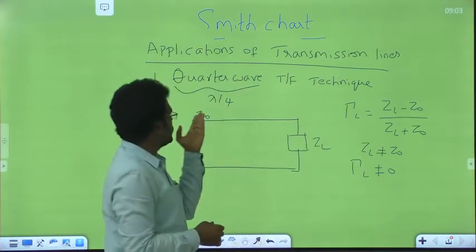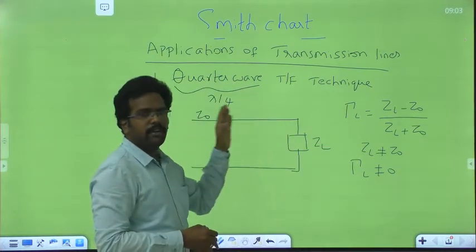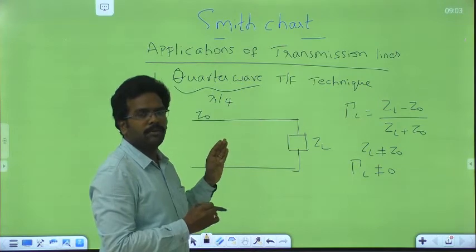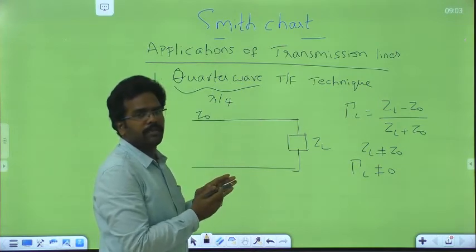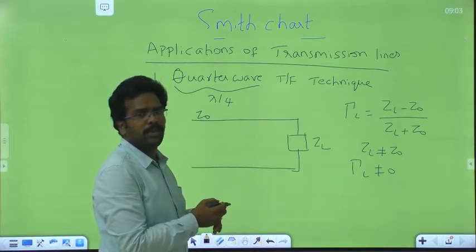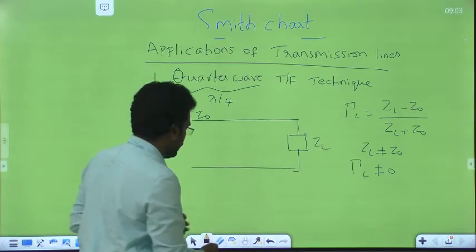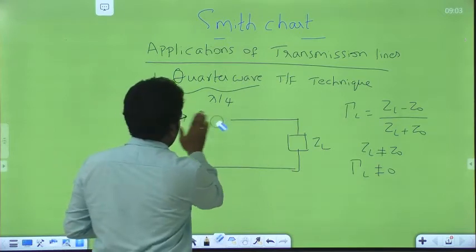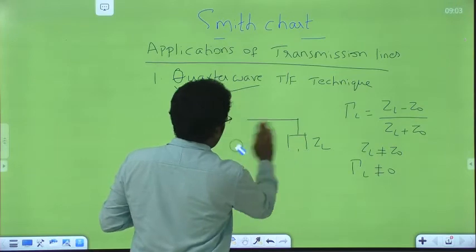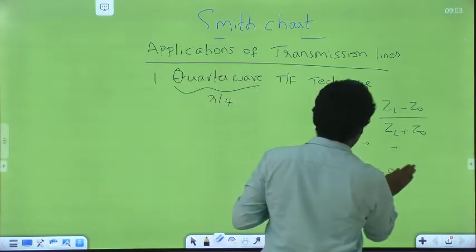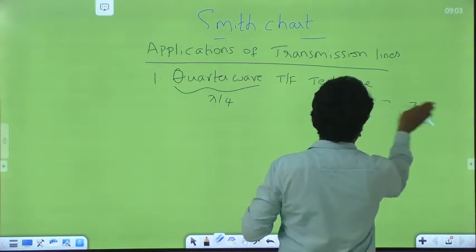Because ZL is not equal to Z0, some wave will be reflected back. To avoid that, we have to use some device or technique to do impedance matching. Now we see how, with the help of a quarter wave transformer, we do impedance matching.